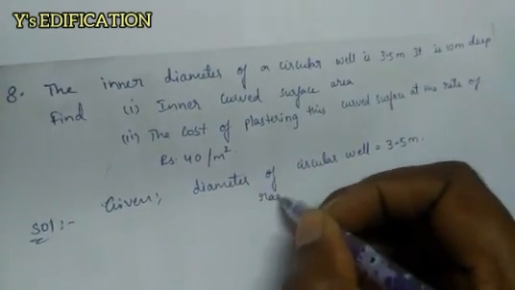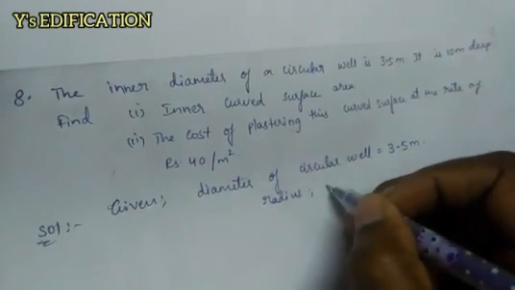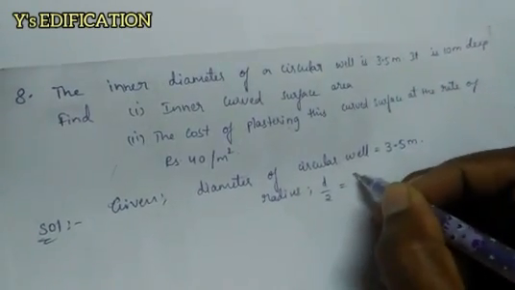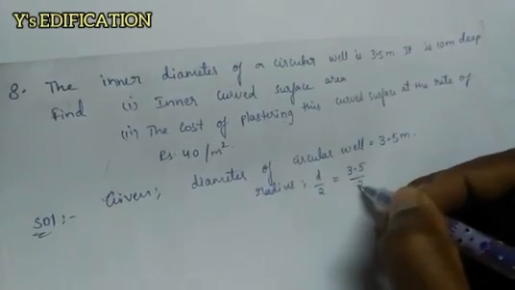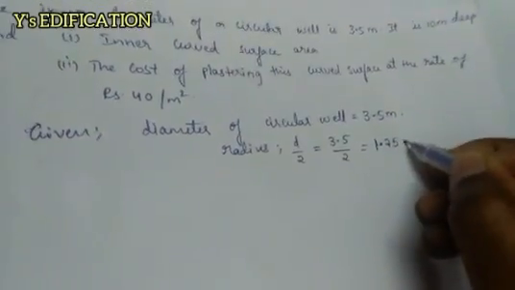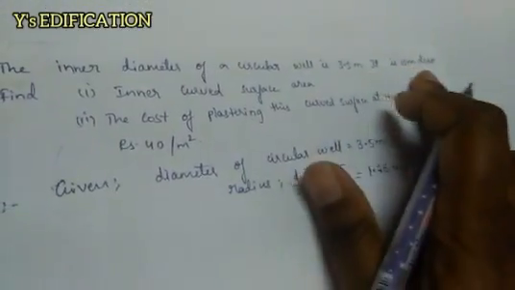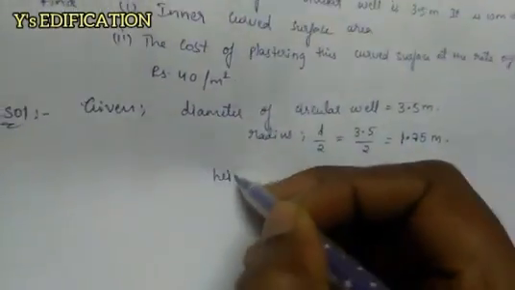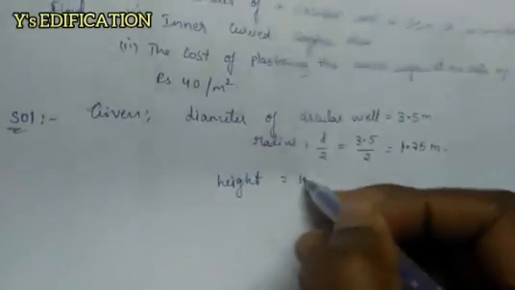So what is the radius here? Radius is d by 2, that is 3.5 by 2, that is 1.75 meters. And next one, height. So height is equal to 10 meters.